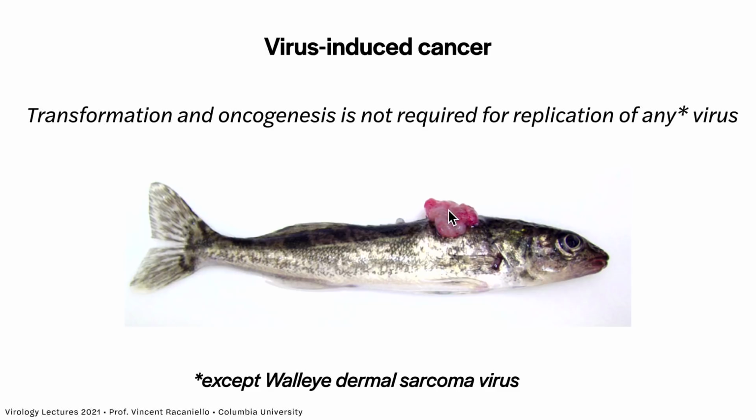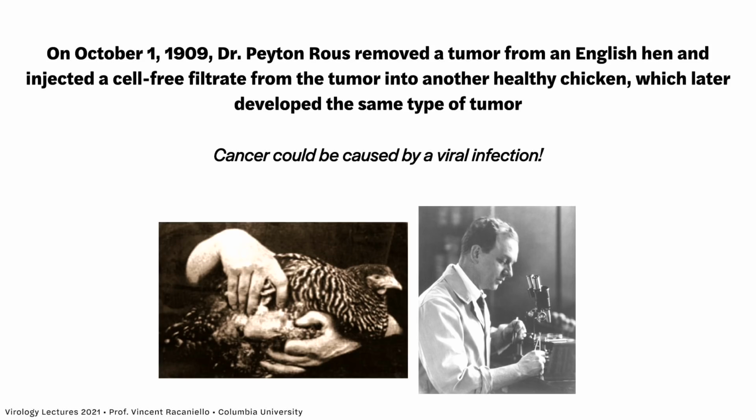And there's a tumor caused by it. And as I'll tell you later, the tumor formation is absolutely essential for virus reproduction for this particular disease. In all the others, the cancer is completely an accident of the reproduction pathway of the virus. And that's what I hope to teach you today.